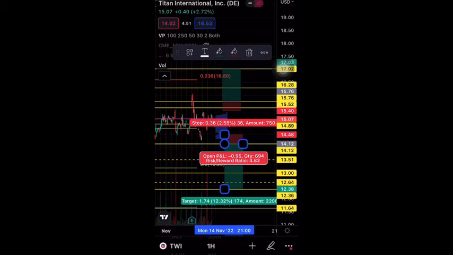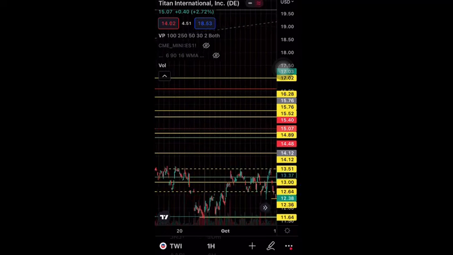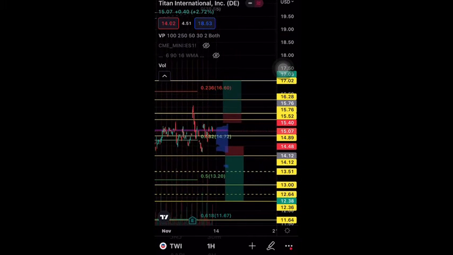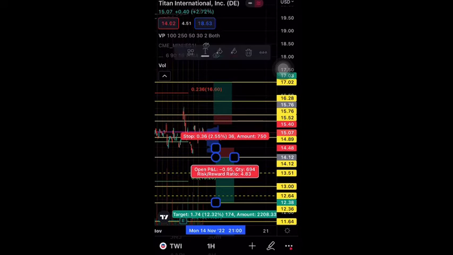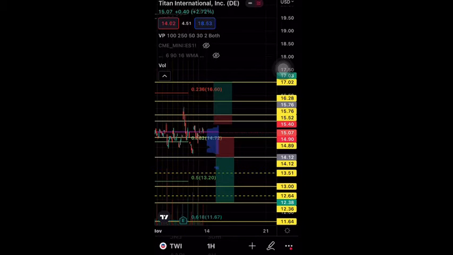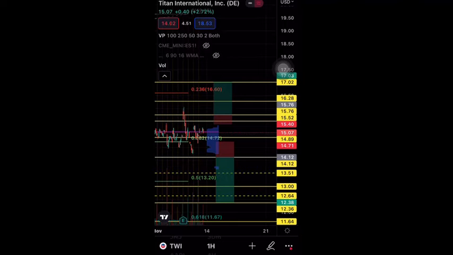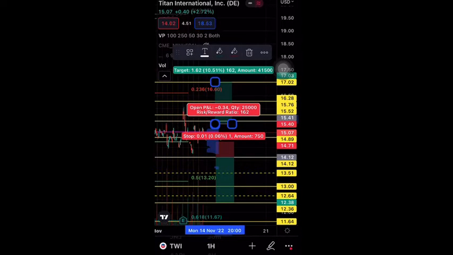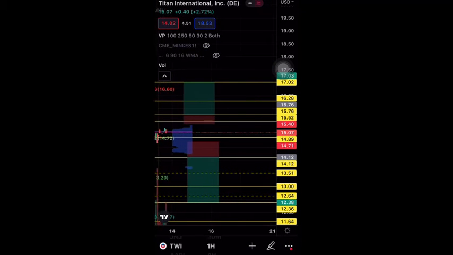And after the entry is defined, for the short, you want to use the next support level as target, but you definitely want to adjust the stop loss as well. You got to make sure that your risk reward is above 1, in my case at least above 1.5. Otherwise I just don't consider it tradable.